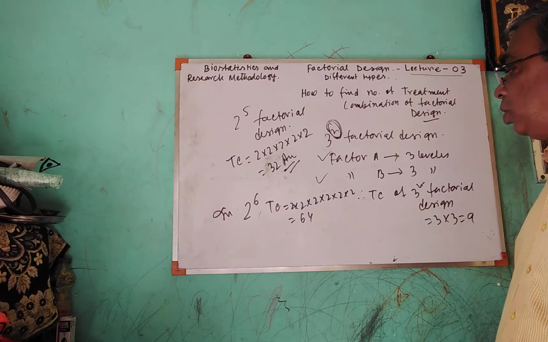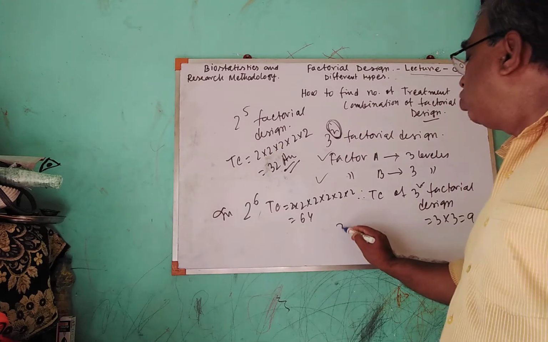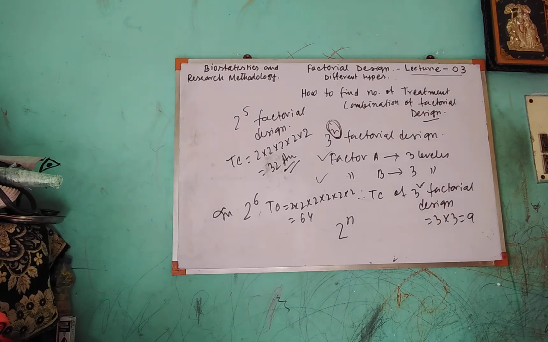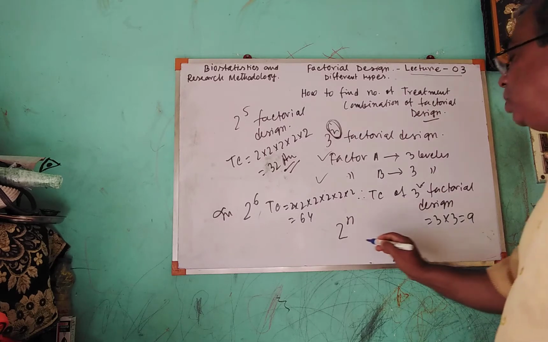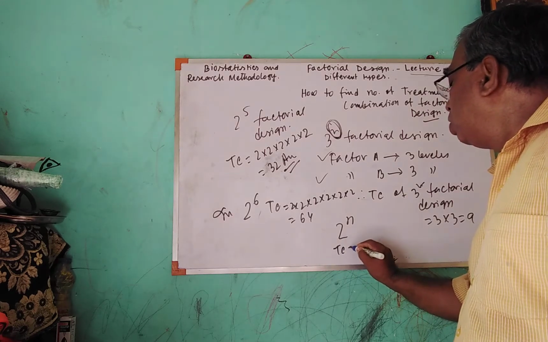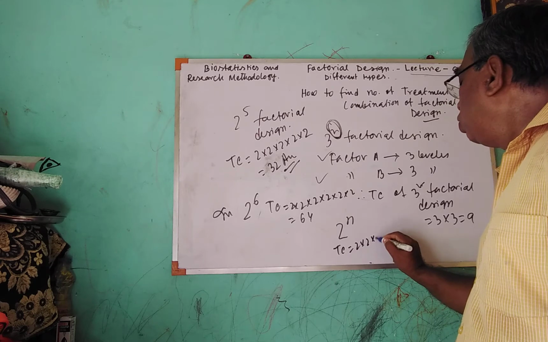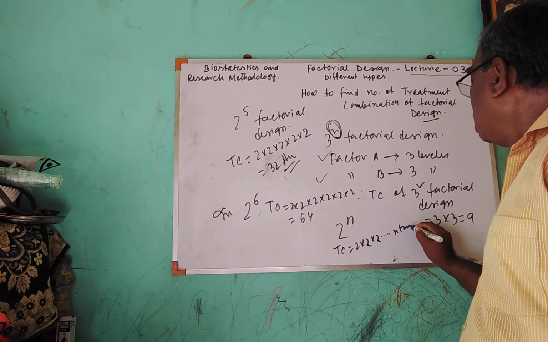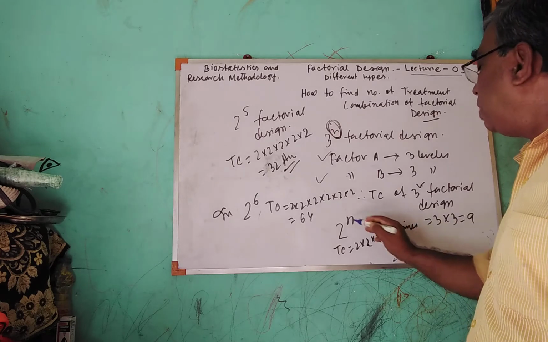So that means the formula is, for 2 to the power n factorial design, how many treatment combinations? TC equal to 2 into 2 into 2, n times. If it is 5, then 5 times.